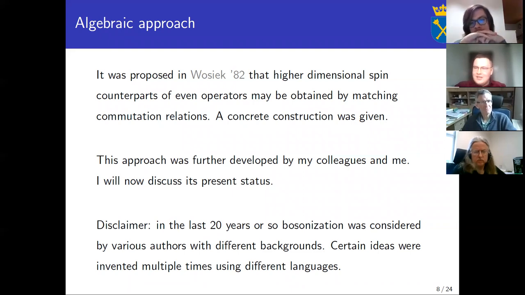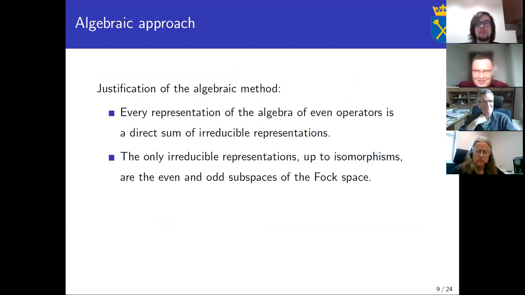Let's say that you have bosonic qubits: how do you simulate a fermionic system with bosonic qubits? There were also studies in the field of topological phases of matter. Various people used different languages, so they couldn't read each other's papers efficiently, and they invented stuff over and over again.